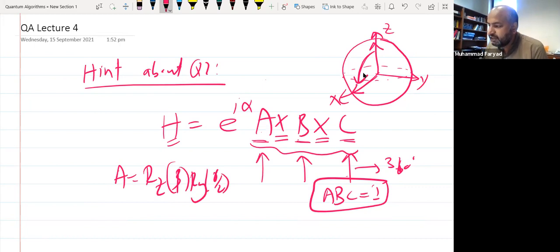Similarly, B and C are defined. Yes, you can come that way, but then you will first have to see how to express Hadamard using these three rotations. And then from these rotation matrices, you can compute A, B, and C given in Corollary 4.2.